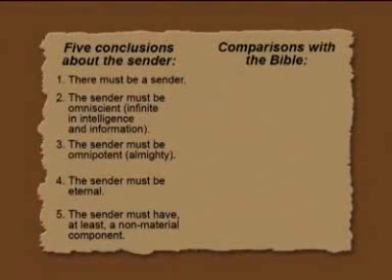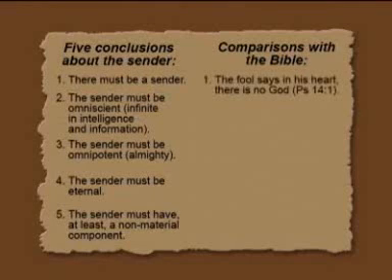Now, after coming to the conclusions by using laws of nature, we can have a look at the Bible to see if our conclusions are right. And you see, for the 5 conclusions, a few verses of the Bible which say the same. The fool says in the heart, there is no God.